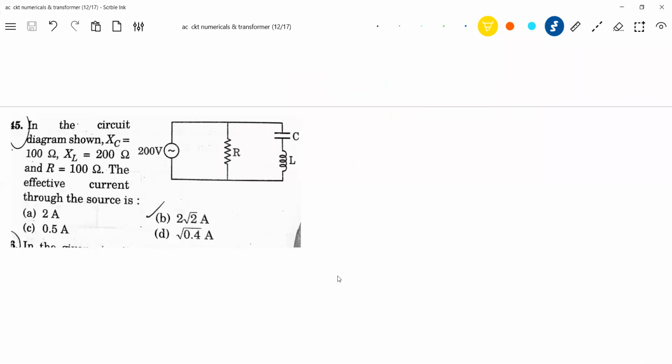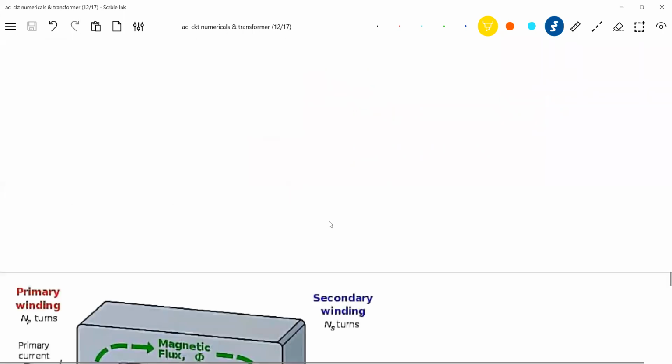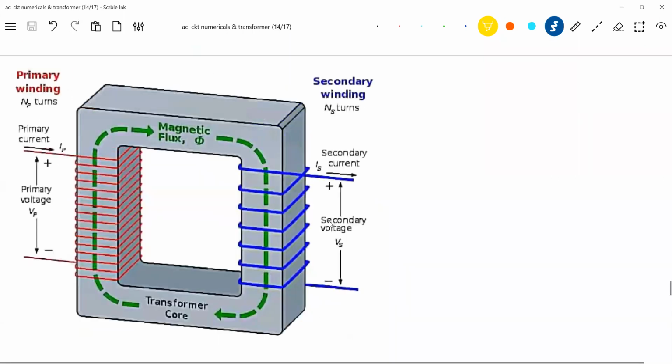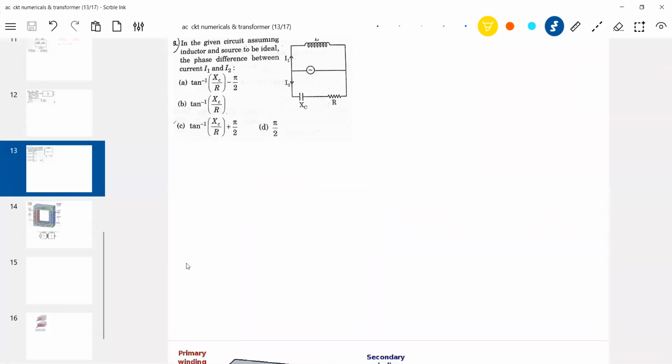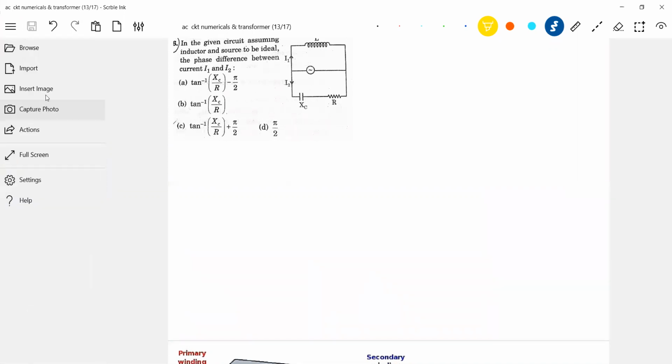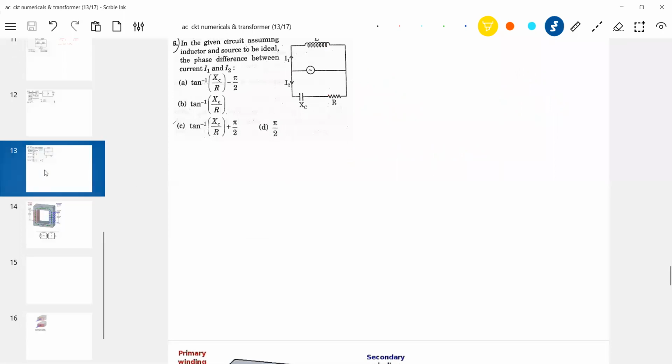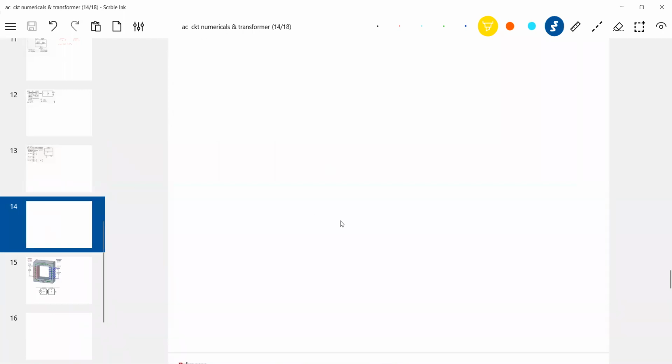We'll do one thing. This we are already aware of. Okay, let me start the transformer. Let's start. Now before that, we'll plot some graphs. Let me show for the RLC circuit once all the possible graphs, because some graphical questions can be asked.